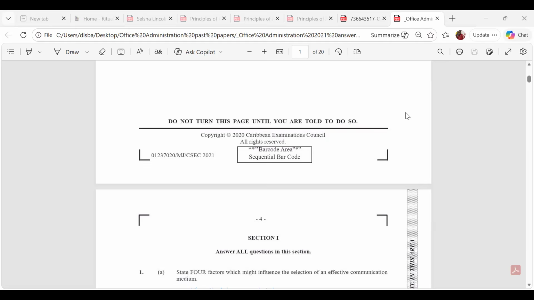The first question was: state 4 factors that might influence the selection of an effective communication medium. Who can remember some of the factors to consider when choosing how to communicate? Who can give me one?